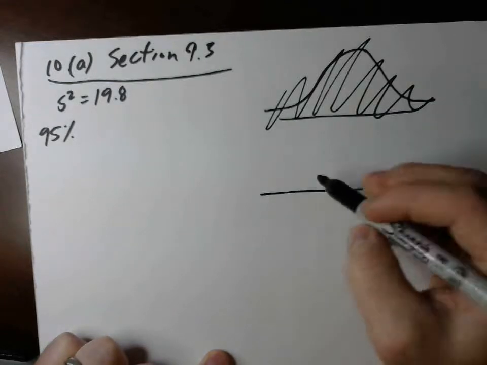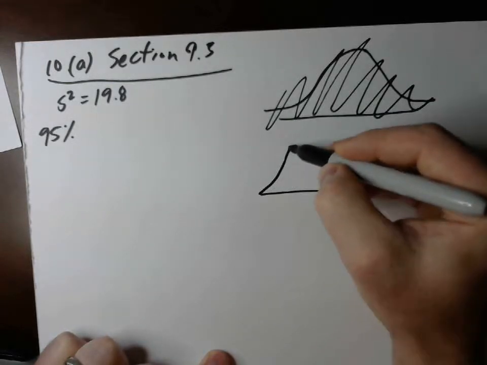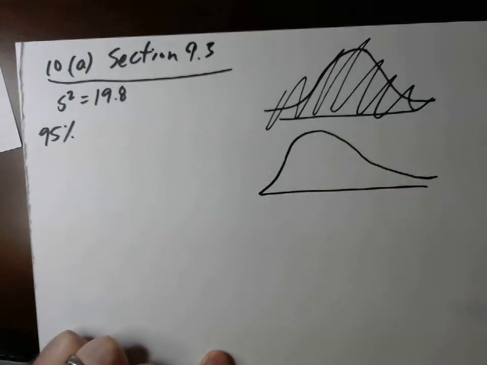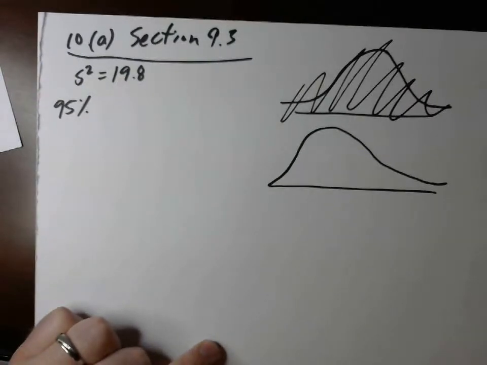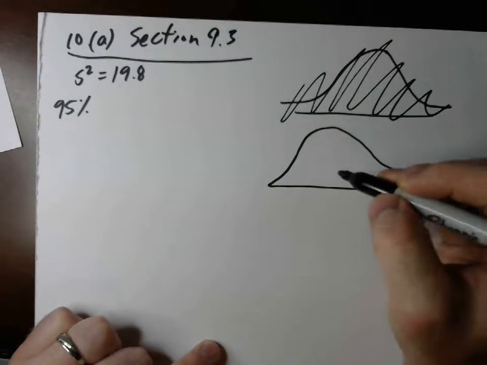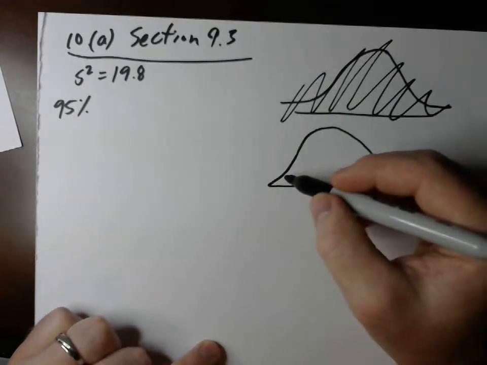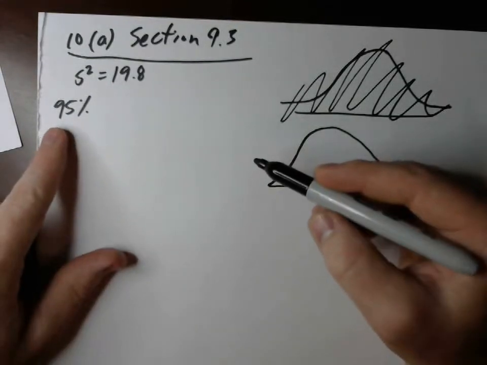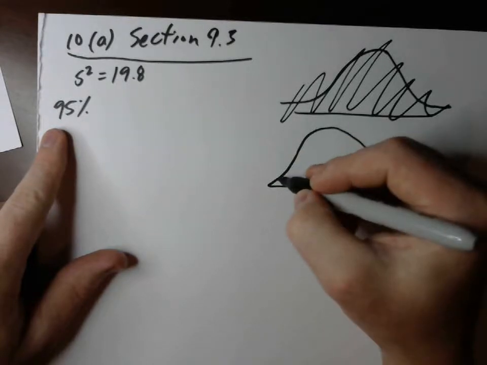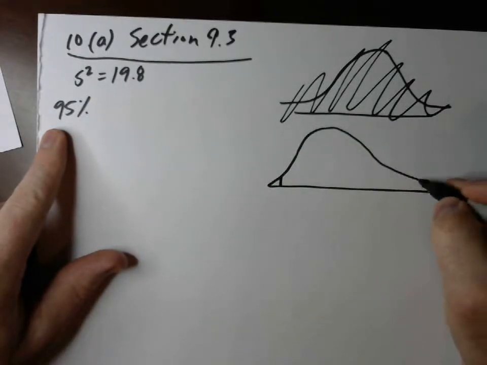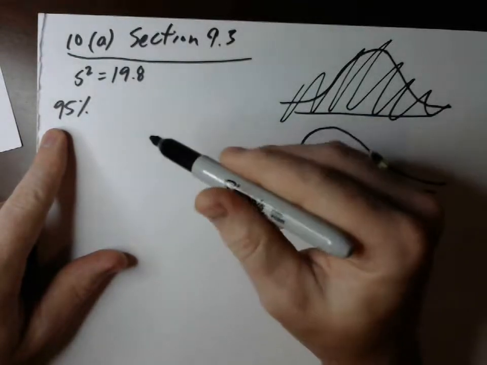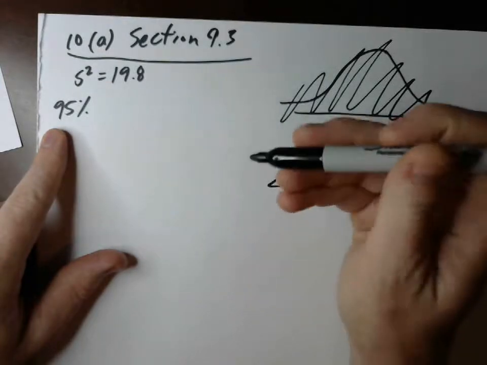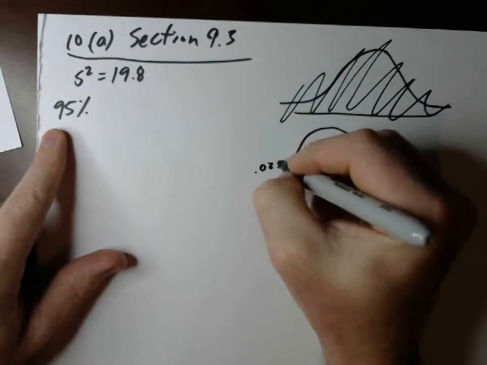We're dealing with chi-squared, so it might be more accurate to draw something like that. It's not normally distributed. It's skewed right. So we want a 95% confidence interval. The left tail would be 0.025, right?